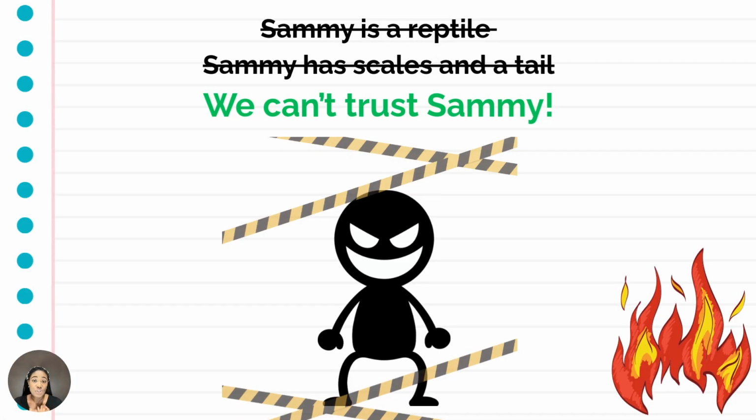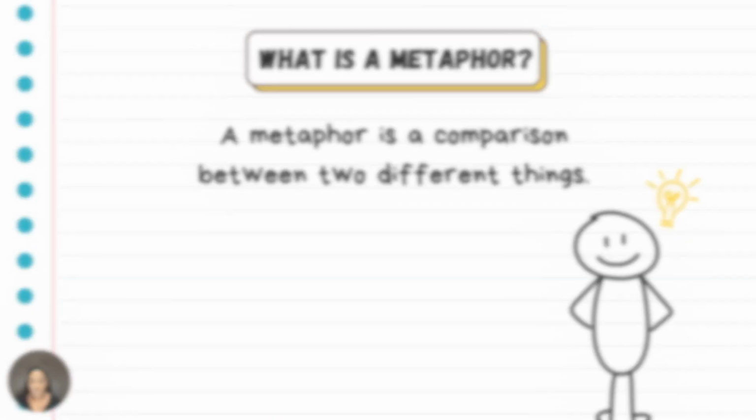This Sammy is not a reptile. This Sammy does not have scales and a tail. But what we know might be common between Sammy, the physical, actual reptile snake, and Sammy, the person, is that Sammy cannot be trusted. So that helps us understand what's a metaphor.